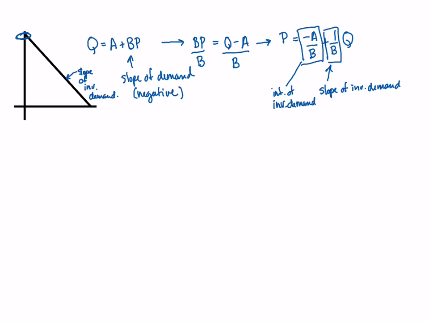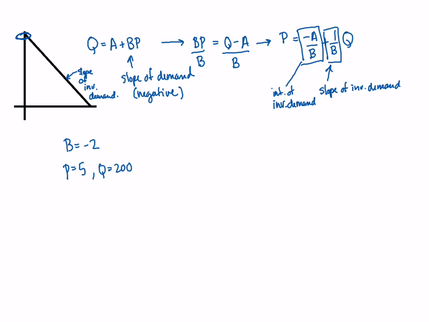Okay, so let's assume that we have information on the slope of the demand curve. So we know that B is equal to negative 2. Let's say we also have information about a particular point on the demand curve. So we know that when price is equal to 5, quantity is equal to 200. The first thing we want to do is use this information to determine what the demand curve looks like.